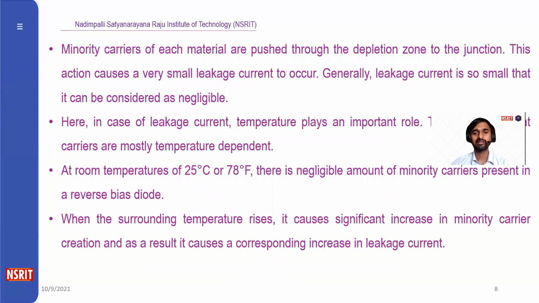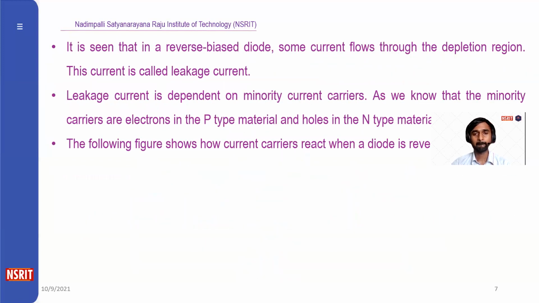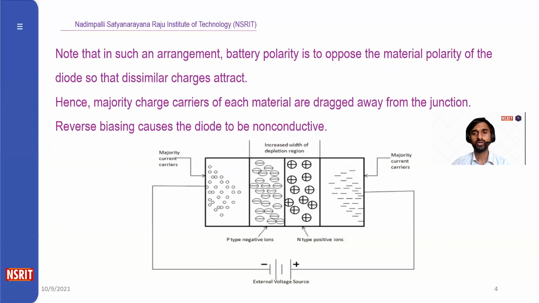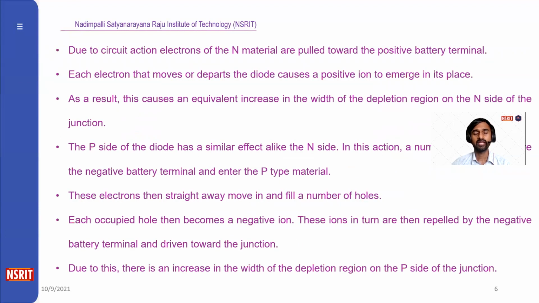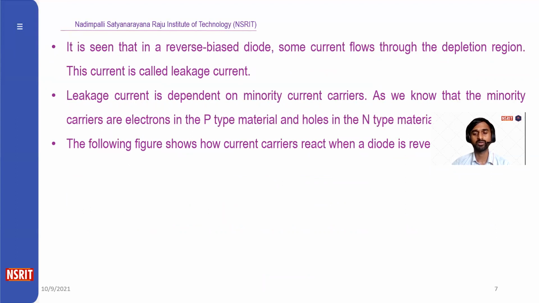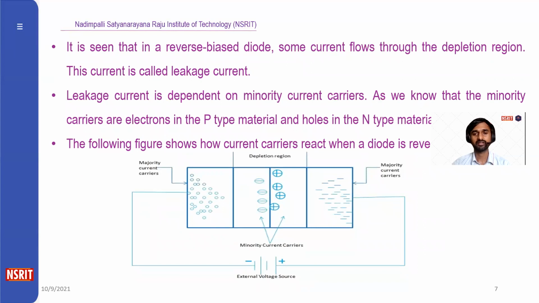So this is the reverse bias operation of PN junction diode. In reverse bias operation, the diode becomes non-conductive and there will not be any major current flowing across the junction. There will be only a very small amount of current called leakage current, which is due to the flow of minority charge carriers. At room temperature, this leakage current is very small, hence it can be neglected.